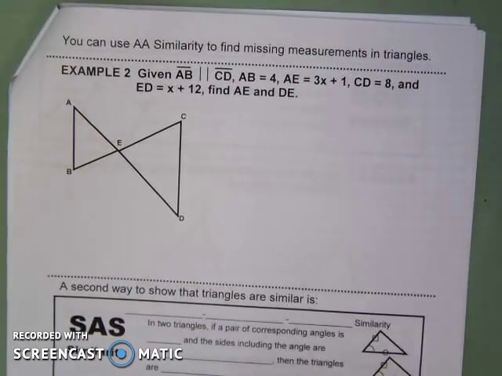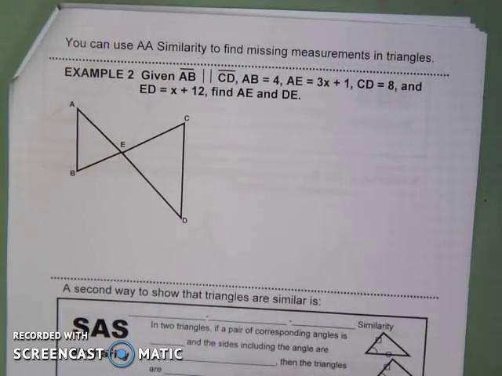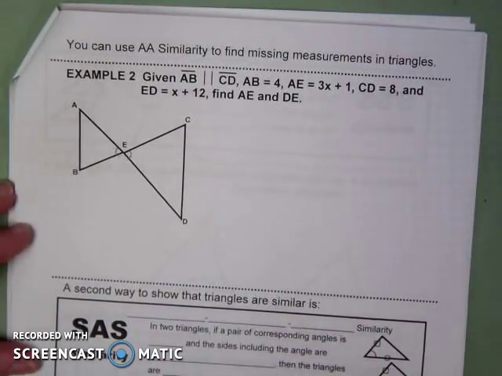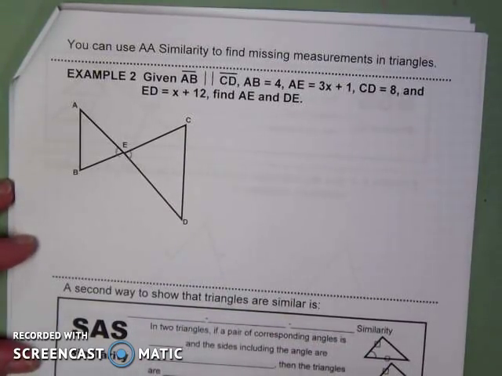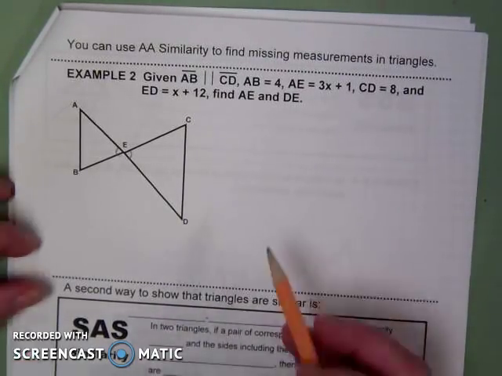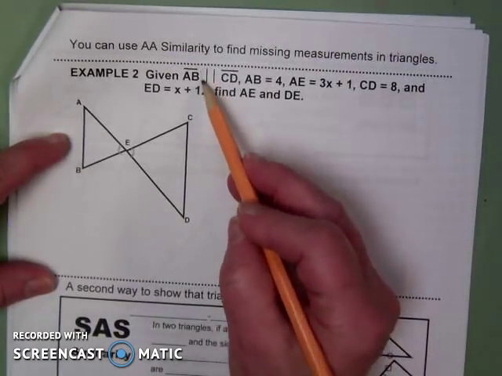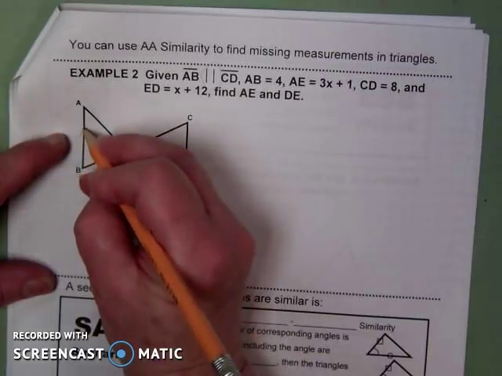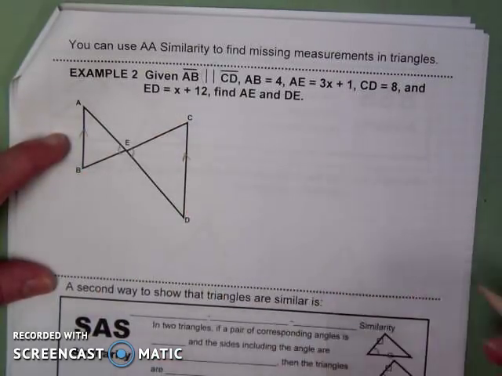You can also use the AA similarity to find missing measurements in triangles. So example 2. First of all, let's mark that we have vertical angles. And then let's mark our given information. Given that AB is parallel to CD, let's write our little arrows showing that they're parallel.